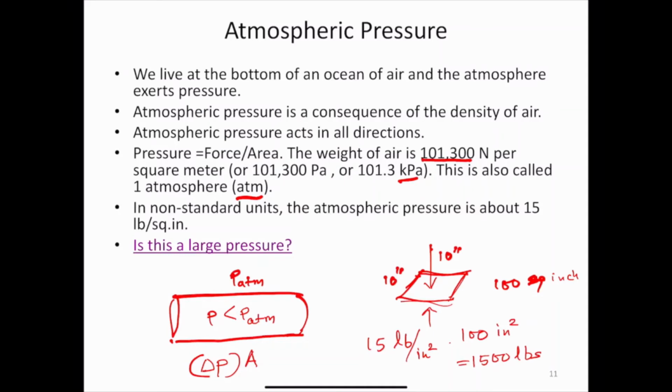The pressure inside would be very small, so the pressure difference would be P atmospheric minus some very small quantity, so approximately P atmospheric multiplied by area. I'm using an approximate symbol here. The area is large, and P atmospheric is pretty large, 15 pounds per square inch. So there would be an enormous amount of force acting on the compartment. This is the net force acting on the compartment, and that is what crushes it. So hopefully that's clear.